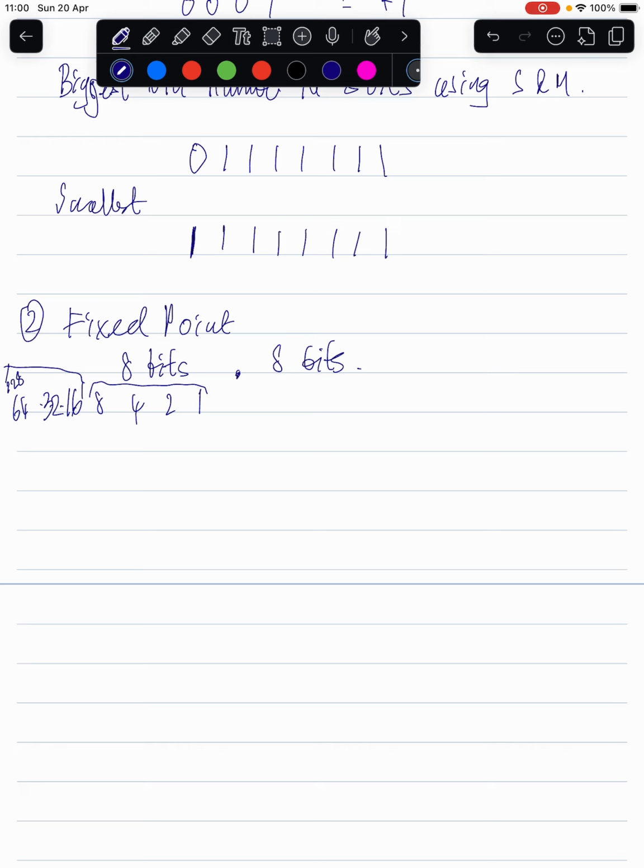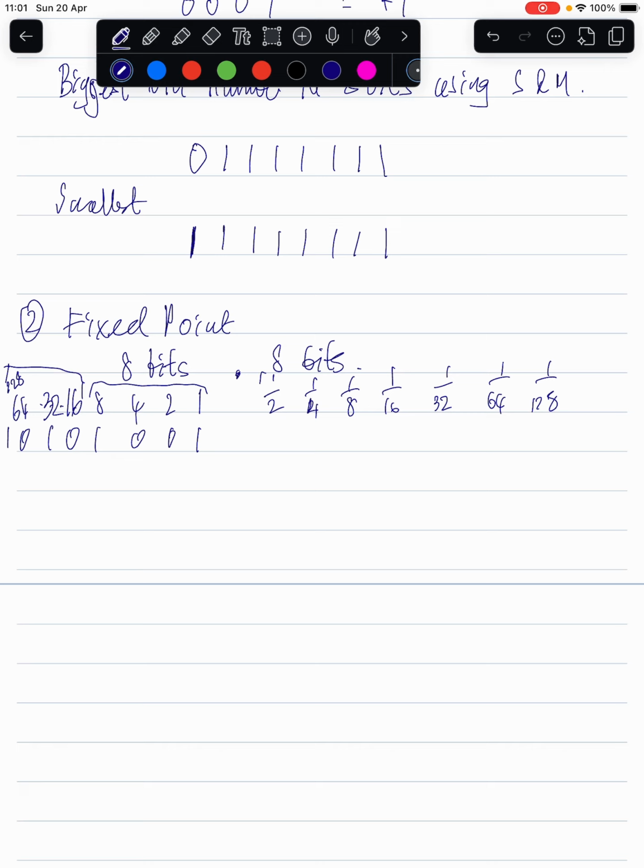I'm just going to put a number in here. Then for the fractional part, the column headings would be 1/2, 1/4, 1/8, 1/16, 1/32, 1/64, and 1/128.